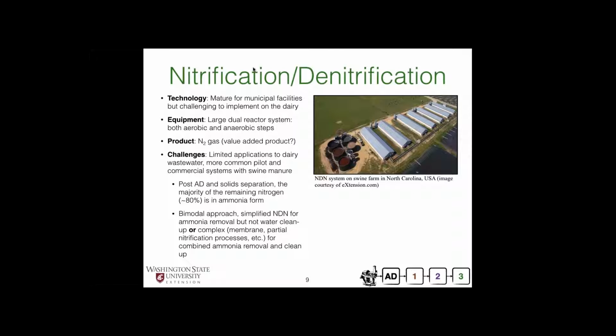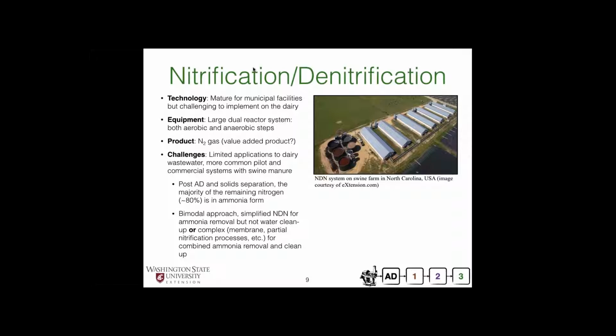The challenges here are really related to the form of the nitrogen in the dairy effluent stream, which is primarily in the ammonia form. And so this nitrification denitrification process on the dairy effluent actually has much longer retention times than a municipal facility. It could have more consumables that need to be added to adjust the effluent. And then at the end, we're essentially blowing nitrogen off into the atmosphere.